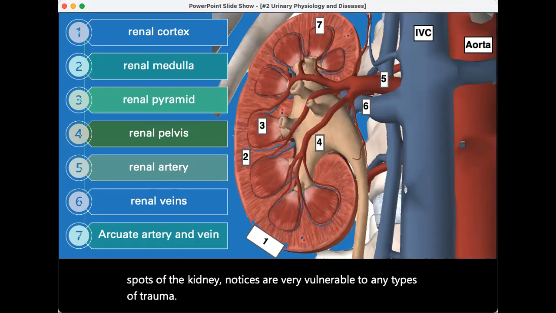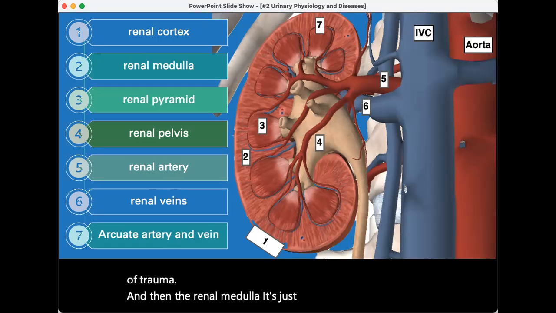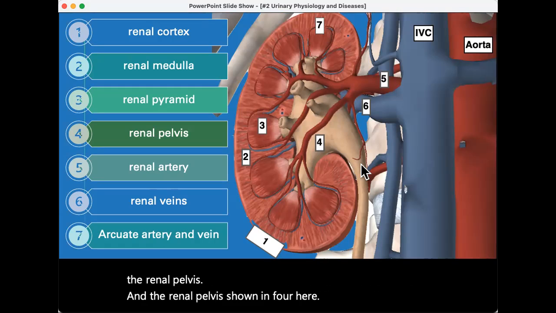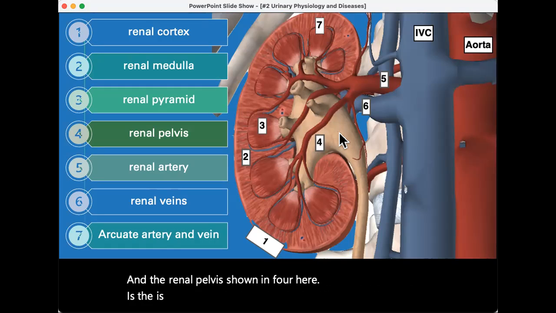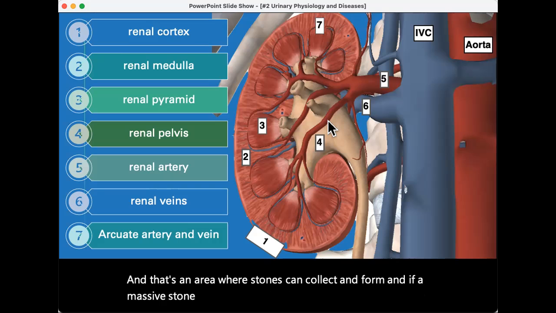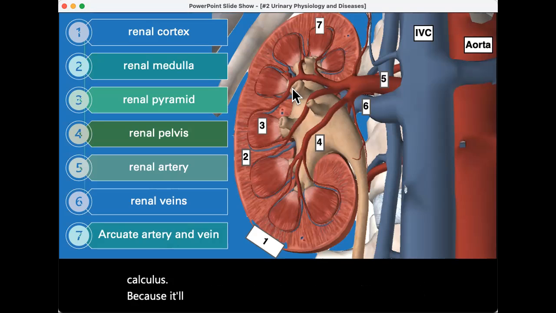And then the renal medulla, it's just below the cortex, the pyramids, the renal pelvis, and the renal pelvis shown in 4 here is this main big area of ductwork. And that's an area where stones can collect and form. And if a massive stone forms right there, it's called a staghorn calculus, because it'll take the shape of this whole pelvis. So it'll look like the antlers.